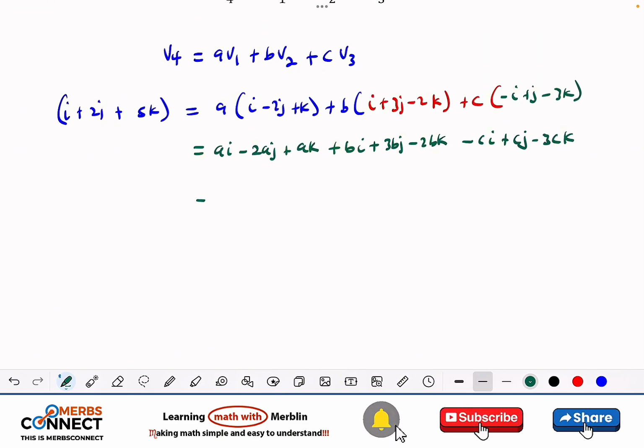So let's group items with those with I. So we have I. So this is going to give us A plus B minus C I.